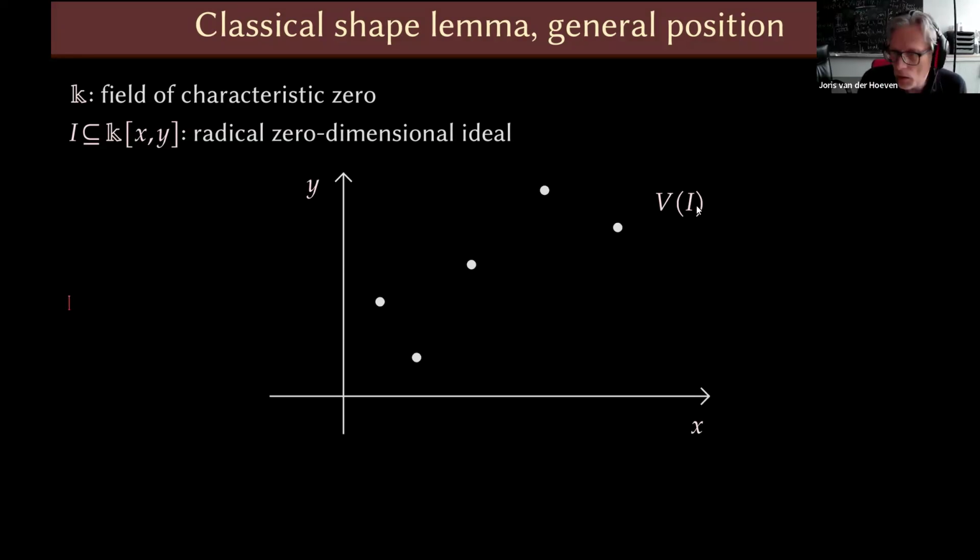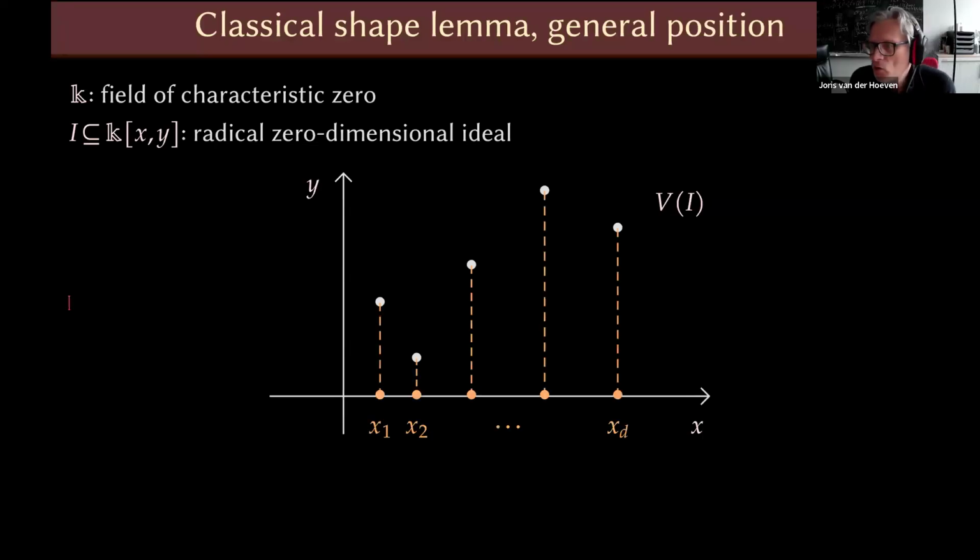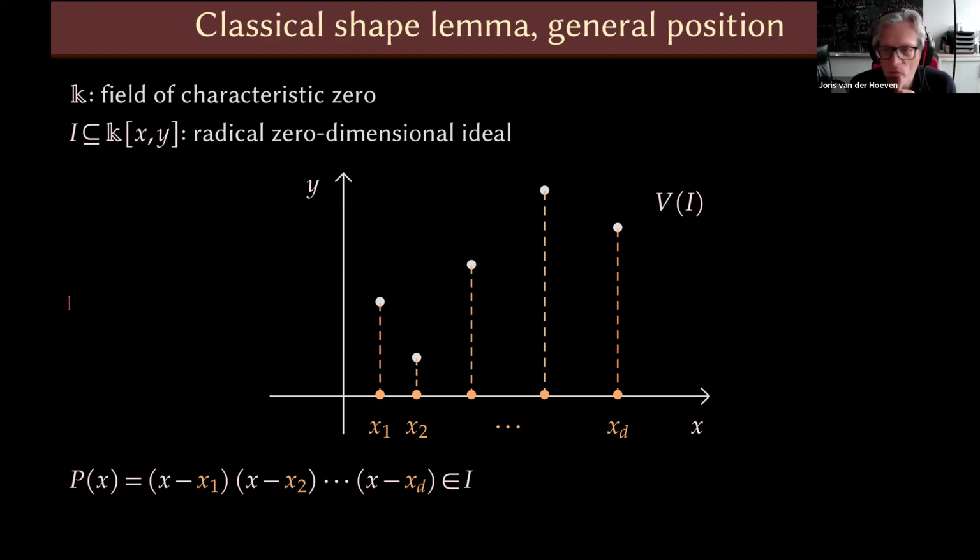And in general, generically, all the x coordinates of these points are different. So the vanishing polynomial of these x coordinates, which we see here, p of x, is in the ideal.